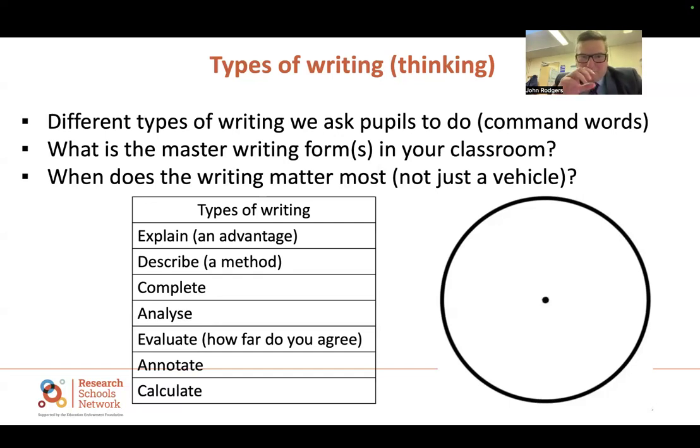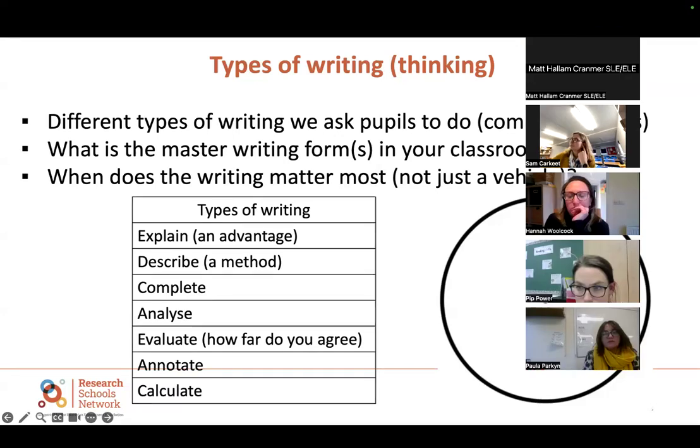Obviously get teachers to consider what the master writing form is in their classroom. Like I said, the gold standard for GCSE is the 6-marker for science, essays for history and so on. But like Matt said before, am I doing my kids a disservice if I only ever stick to that minimal approach?